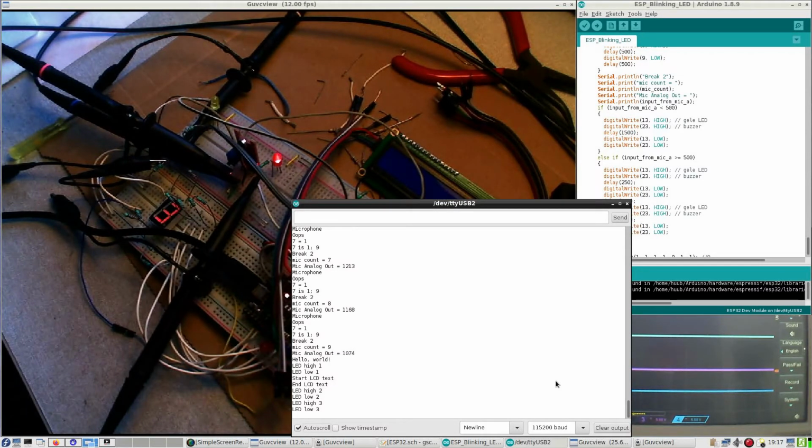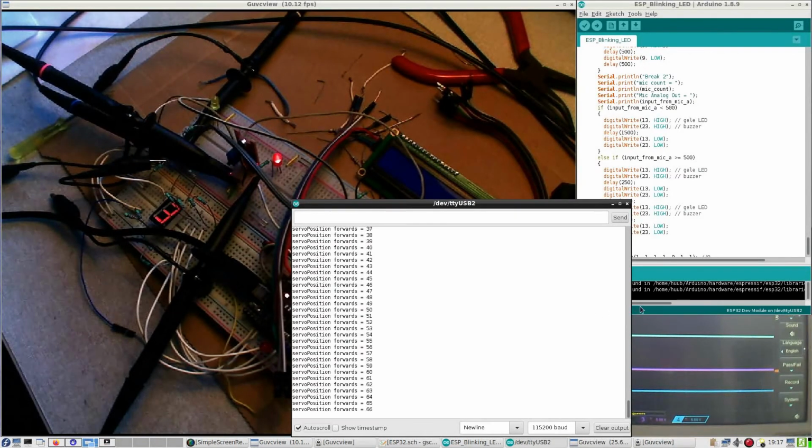So how come that the analog out gives 1074 and I'm not reading anything? This is somewhat crazy.